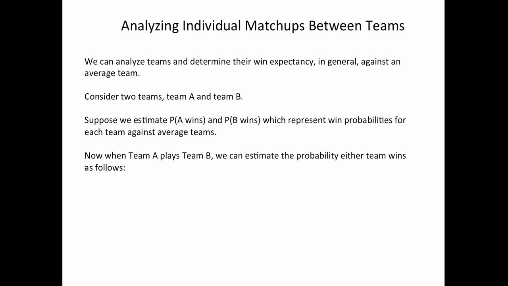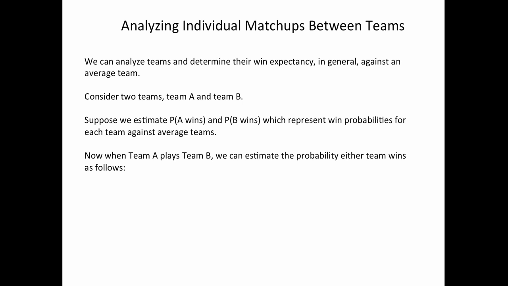How many games have they won so far out of the total number of games that they've played? You can start with that as a probability of winning. If they've won 6 games out of 10, you can say they have a 60% chance of winning. I don't think that's going to take you very far, because it all depends on who they're going to play next.